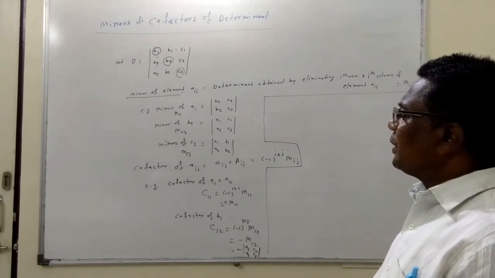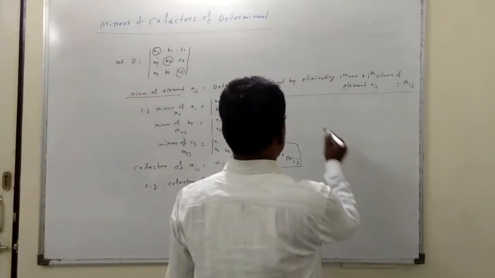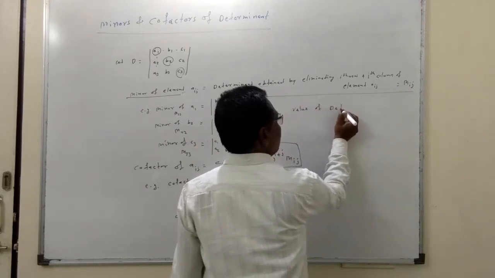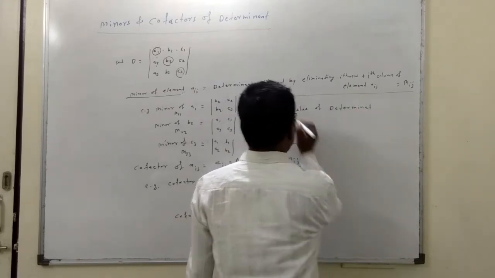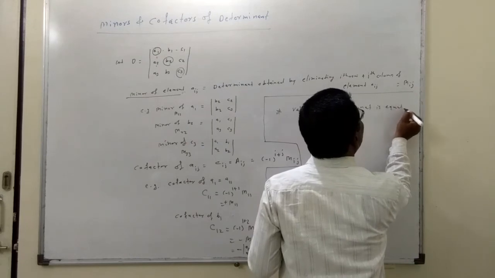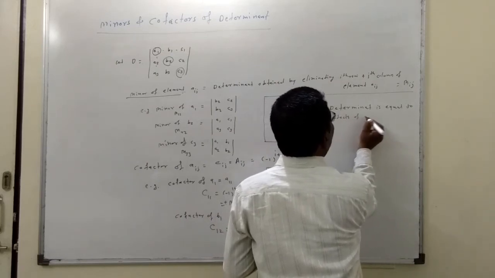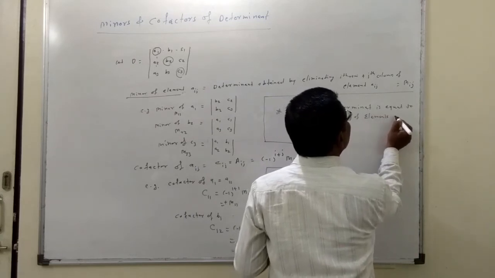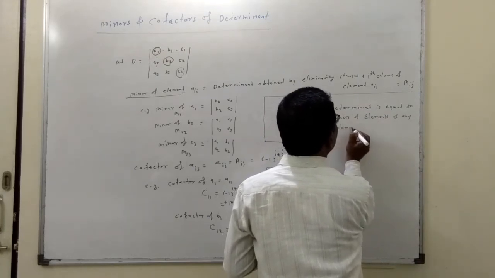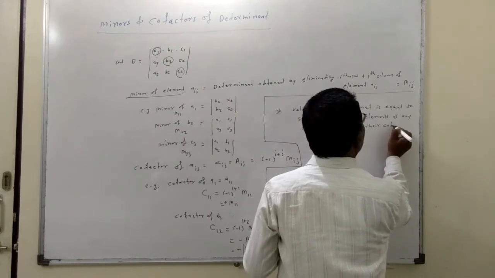The value of the determinant is the sum of the products of the elements of any one row or any one column and their cofactors.